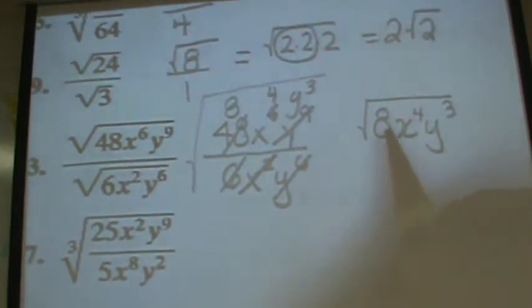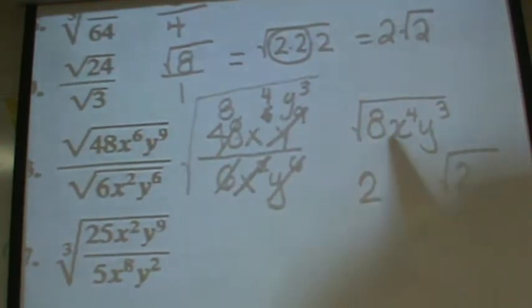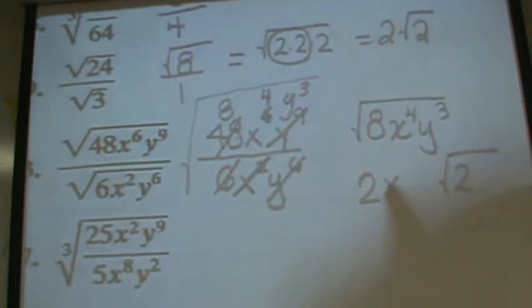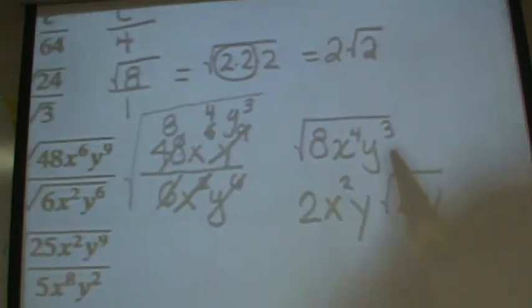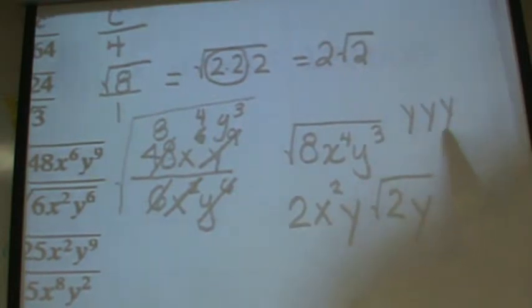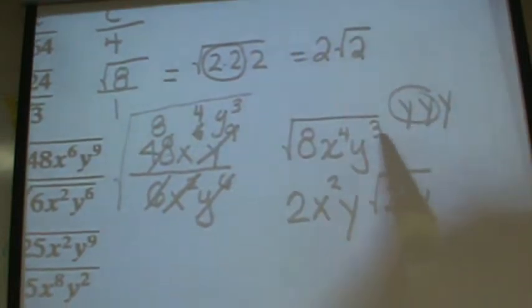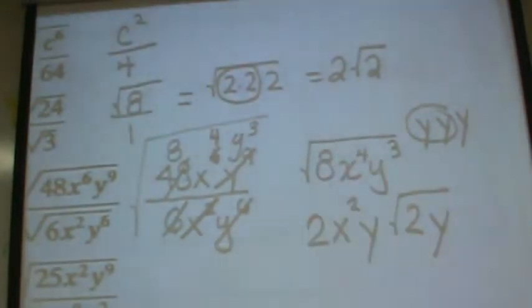You've got 3 2's here, so a 2 comes out, but a 2 stays, because you have 3 of them. 2 x's come out, 1 y comes out, but 1 y stays. Because remember, we have 3 y's here. You have y, y, y. So 2 of the 3 y's come out, 1 has to stay. Just like the 2's here.